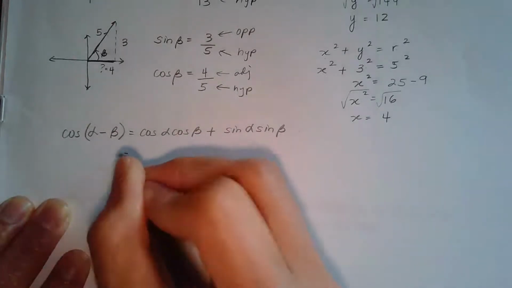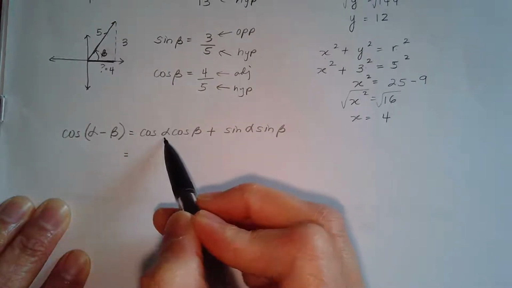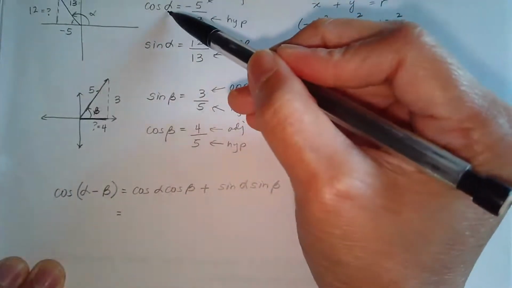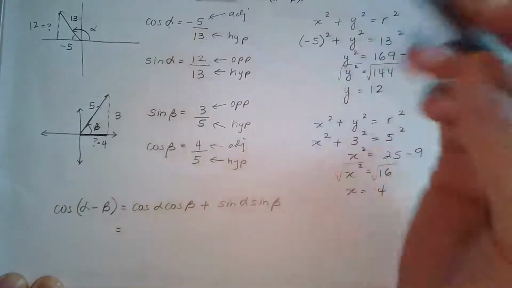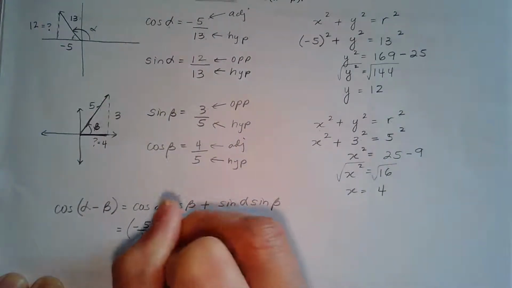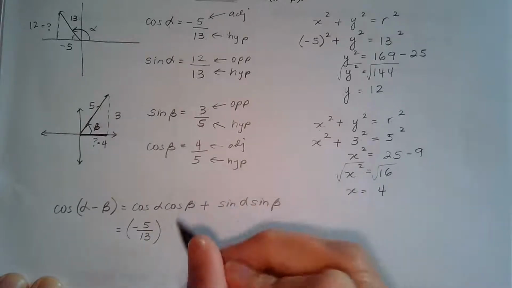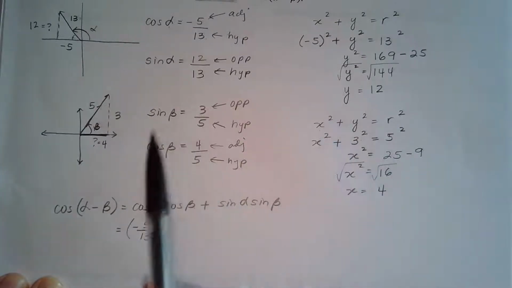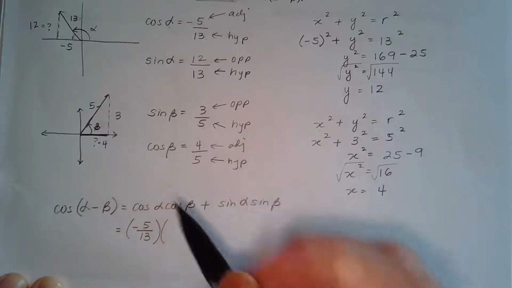But we know what the cos of alpha is. Cos of alpha is negative 5 over 13, so we're going to put down negative 5 over 13. Now the next part is cos of beta. We also know that one. Cos of beta is 4/5. We're going to put that there.